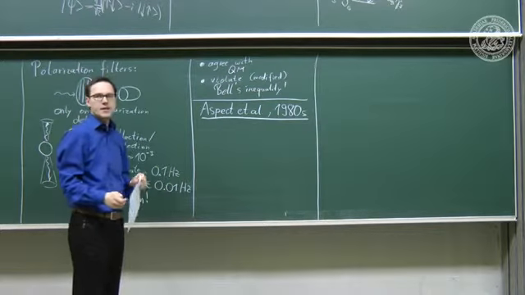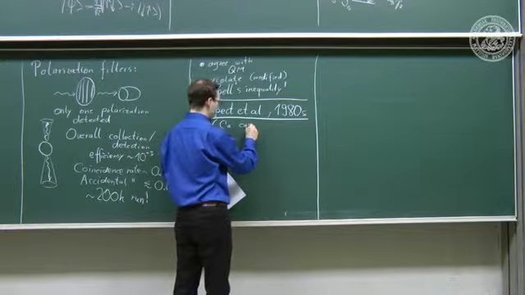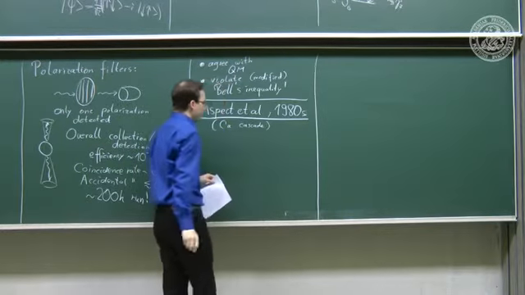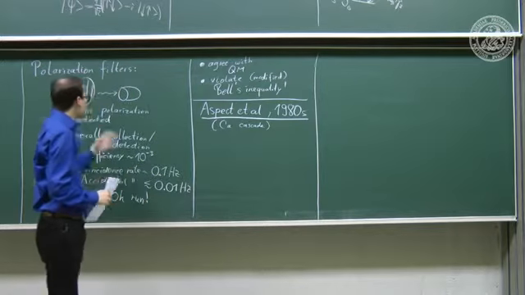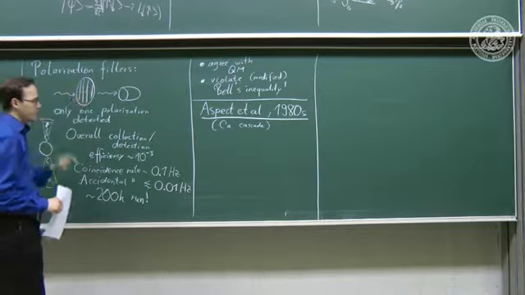So again, they used the calcium cascade. But in contrast to the Freedman-Clauser experiment, they were the first to actually have both polarizations detected.